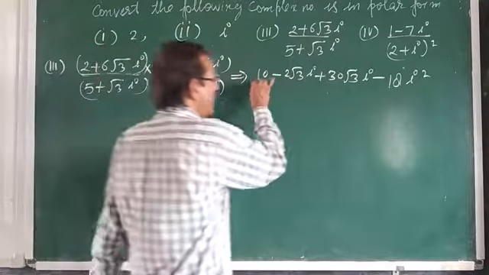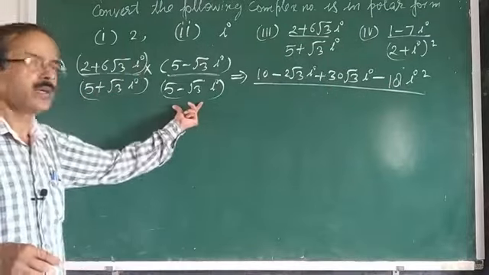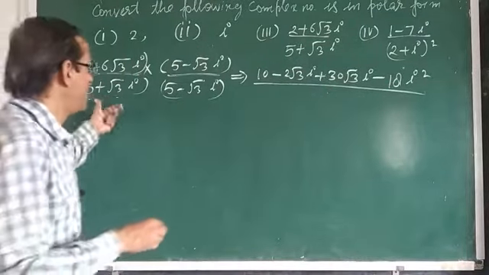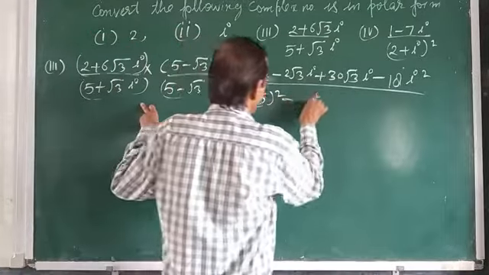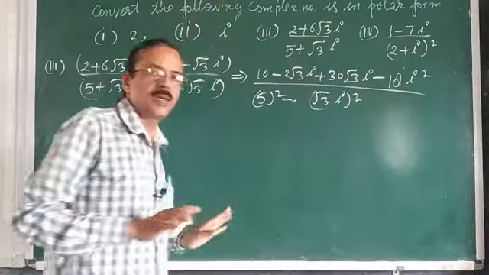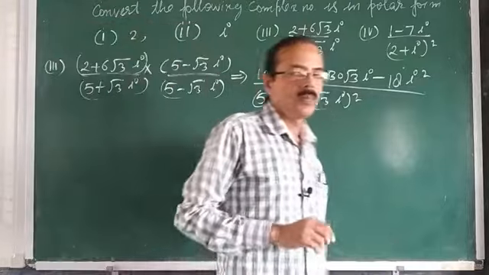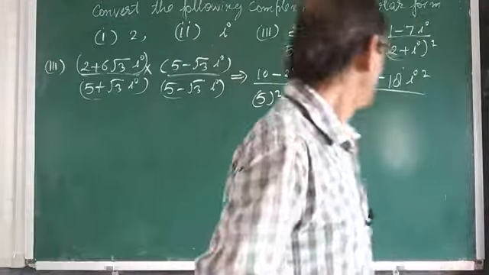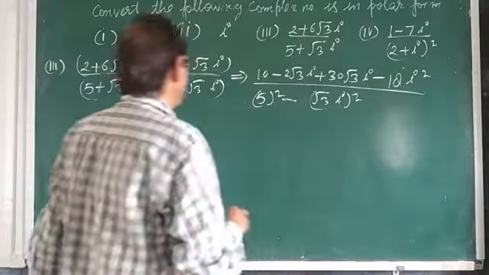Whole upon, a plus b, a minus b, 5 square minus root 3 iota square. Now iota square value is minus 1. Here also we have to put iota square value minus 1.